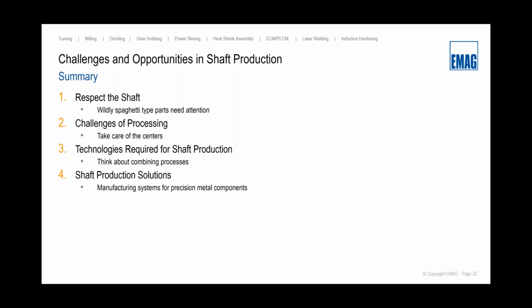And think about combining operations. It really is a unique solution that I think needs to be taken into consideration more so, especially as we all need to be more lean with our manpower, which means you need to find different solutions on the machine side. So if you can combine operations, you're achieving just that.